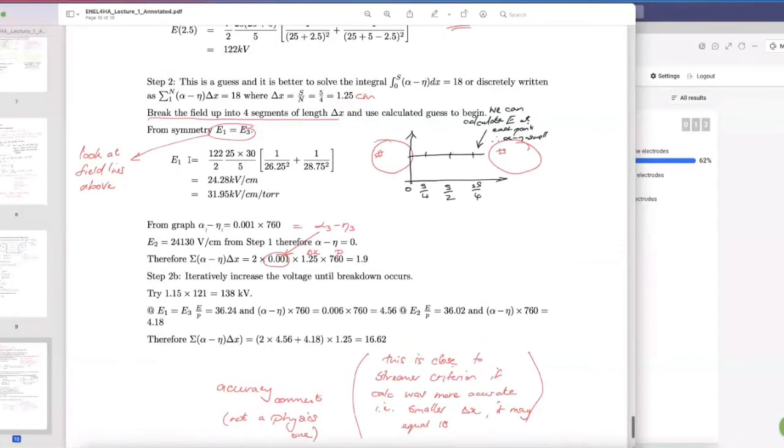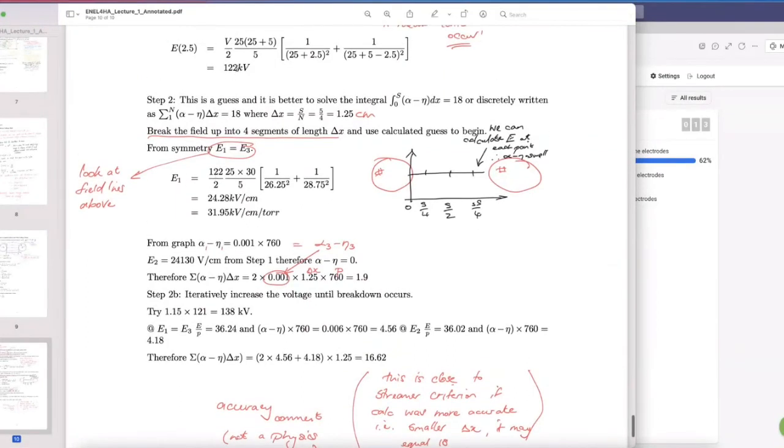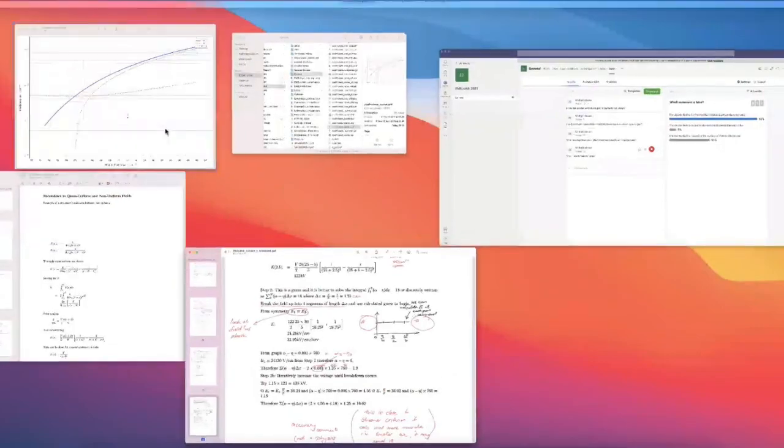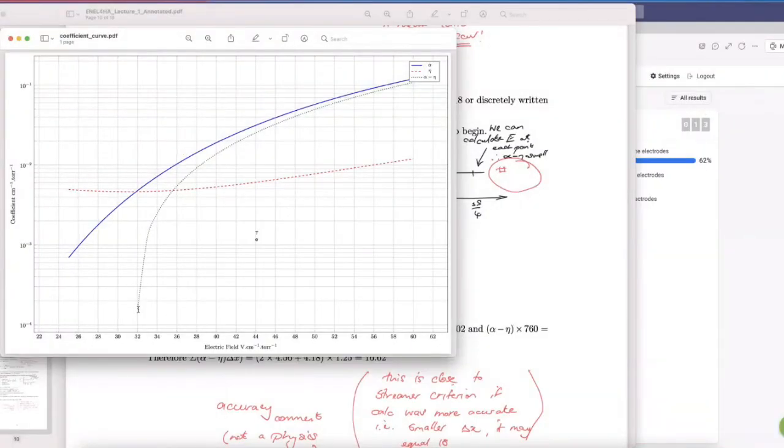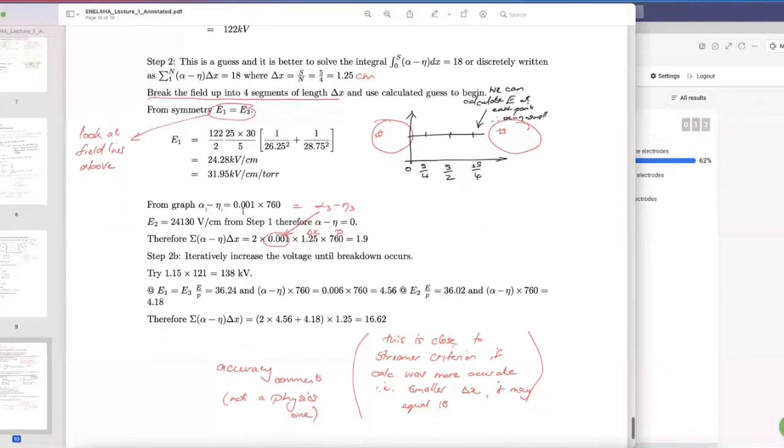So we can calculate E1, starting with the voltage above, and we can see that the electric field is slightly higher than what we calculated before. We can now take that value and we can go back to our graph. From that graph, we can find our alpha minus eta value. And we can multiply that by your pressure.